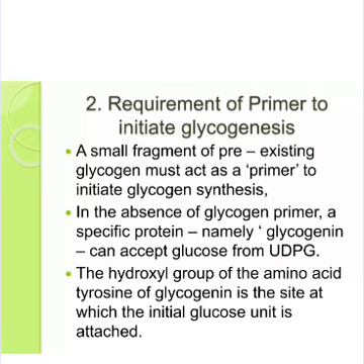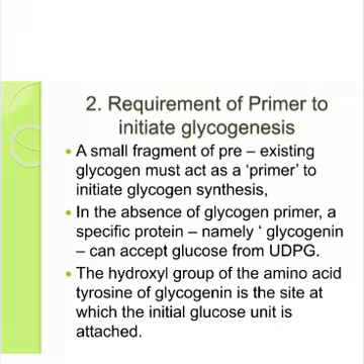Second step is the requirement of a primer to initiate glycogenesis. A small fragment of pre-existing glycogen must act as a primer to initiate glycogen synthesis. In the absence of glycogen primer, a specific protein, namely glycogenin, can accept glucose from UDPG.